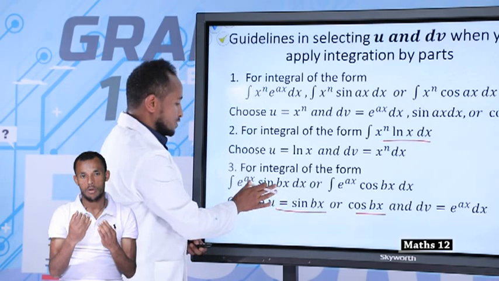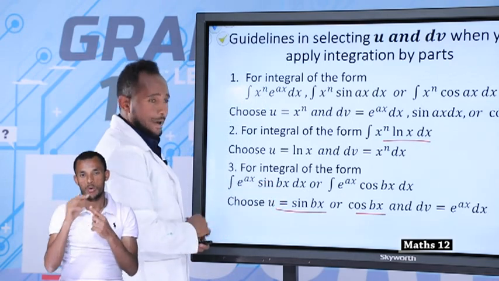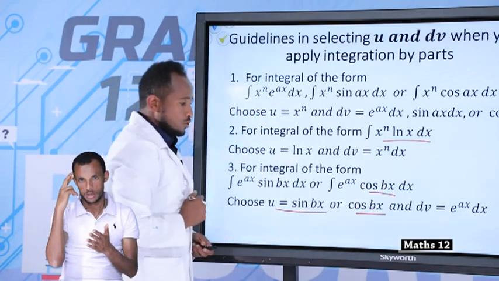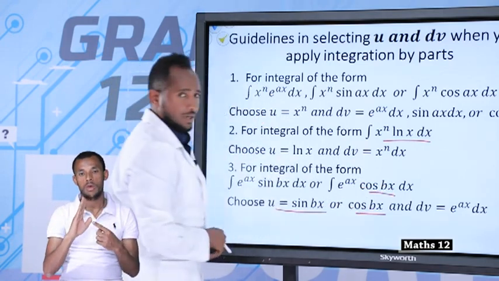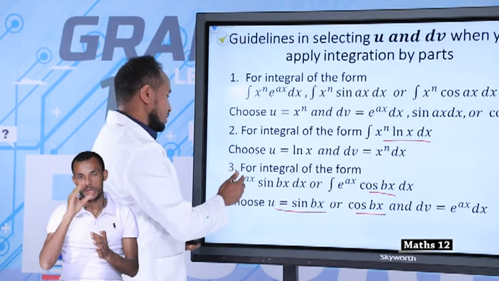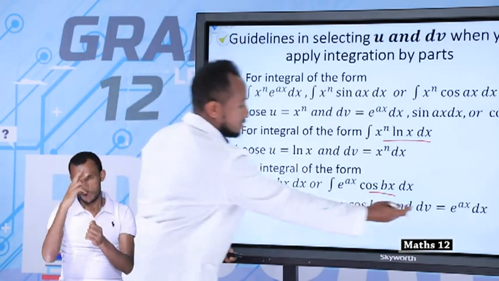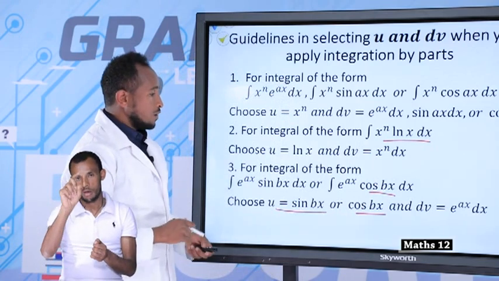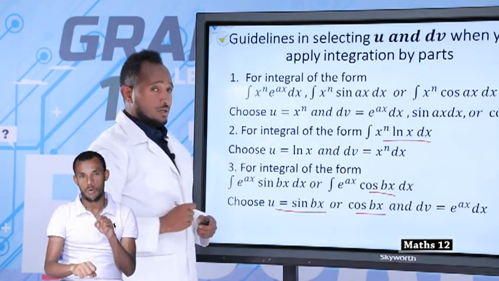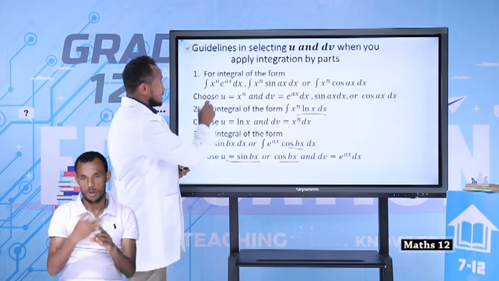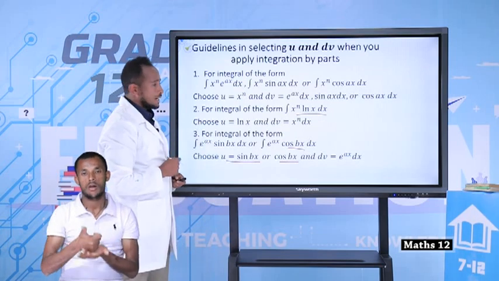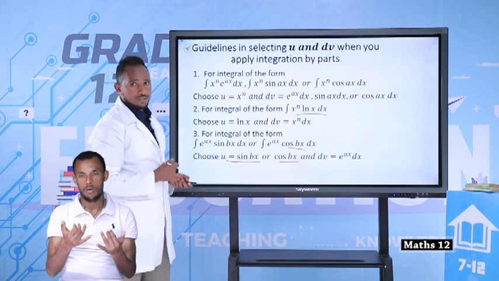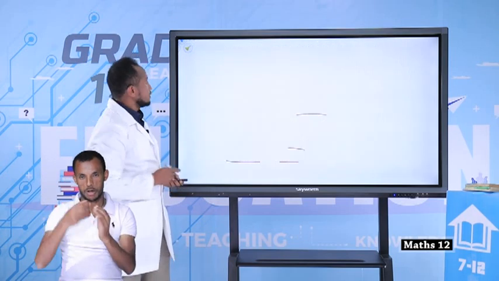For this case assume u to be sine bx, for this case assume u to be cos bx, and in both cases, dv is e raised to ax dx. Okay, so just please don't forget this guideline in applying integration by parts. Now let's see additional examples for this.